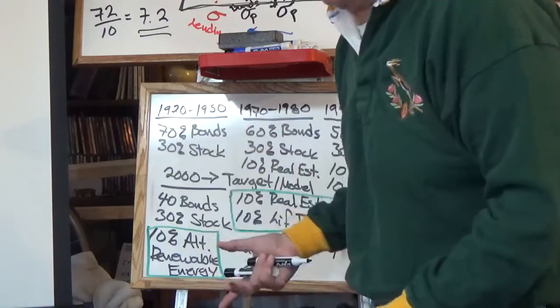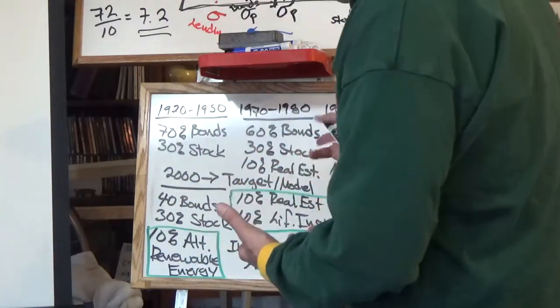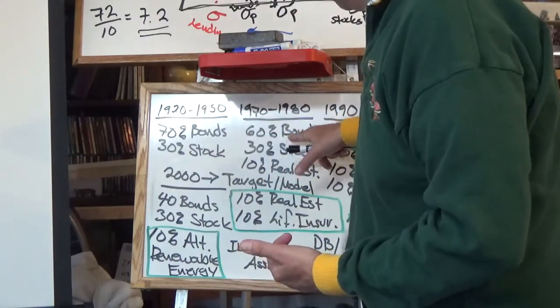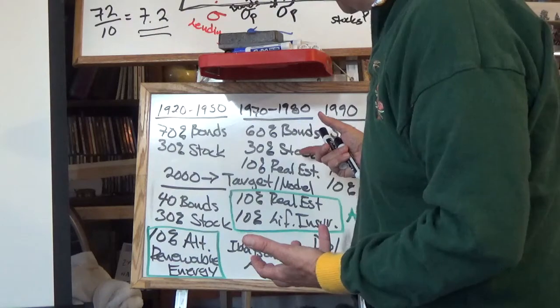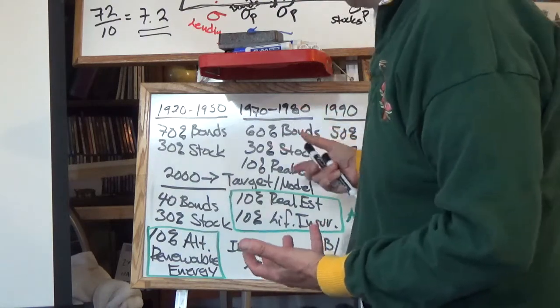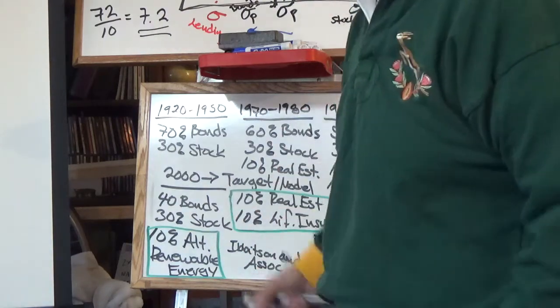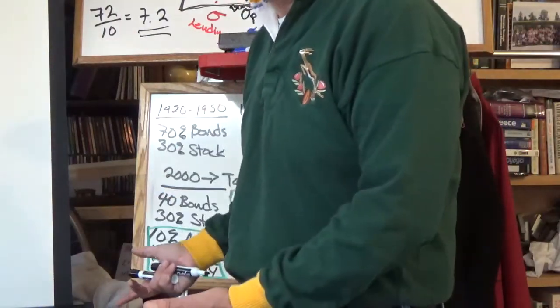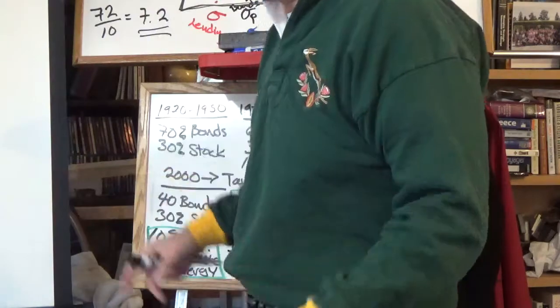And because real estate acts like bonds, we would take from the bonds, reduce the bond allocation to 60%, keep the stock at 30, and allocate 10% of the portfolio to real estate. That was a big deal.